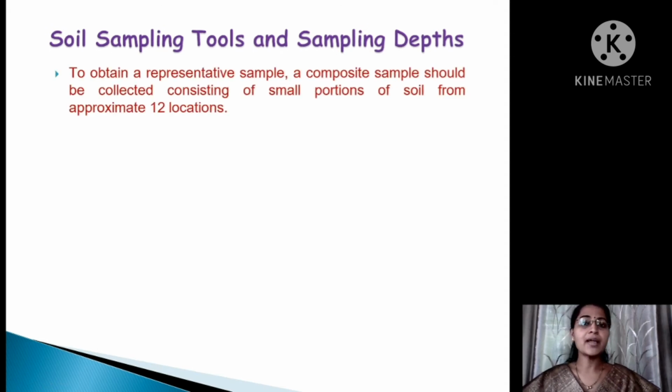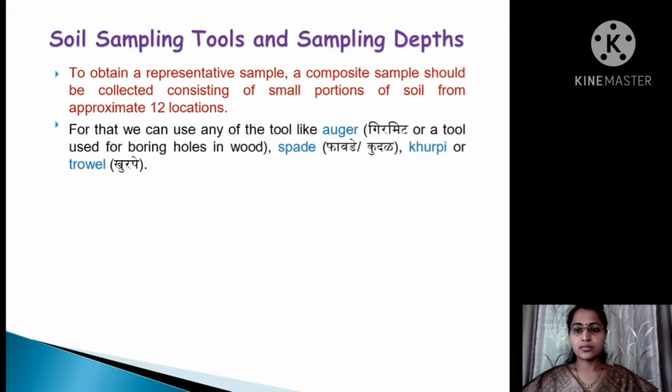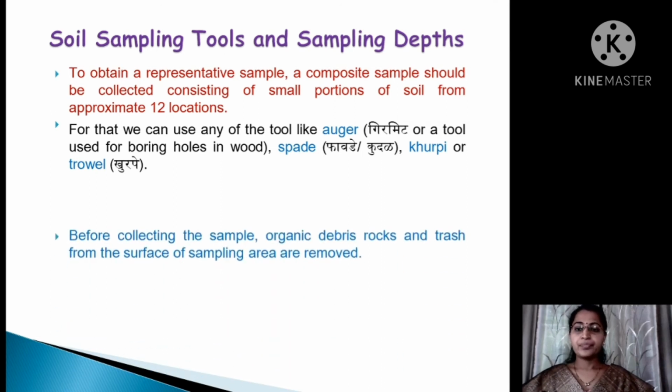Soil sample tools and sampling depths. To obtain a representative sample, a composite sample should be collected consisting of small portions of soil from approximate 12 locations. For that, we can use any of the tool like auger, spade and khurpi.